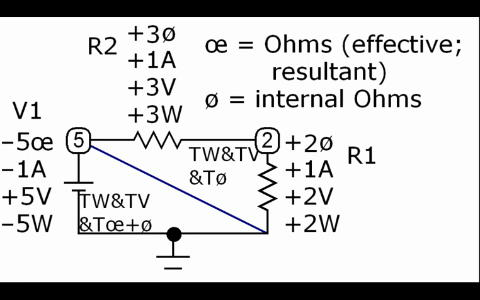And I guess you could say the total voltage consumed by the two resistors is positive 5 volts. But the amperage is the only thing shared in common, and that's positive 1 amp between the two resistors, and of course negative 1 amp for the battery.